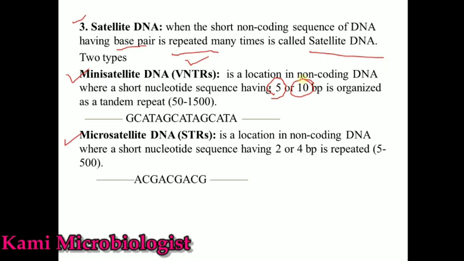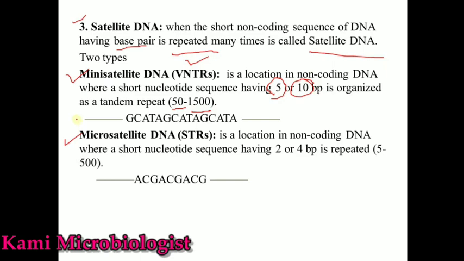These 5 or 10 base pairs are repeated many times. We can say 50 to 1500 times it is repeated. This is called minisatellite DNA.